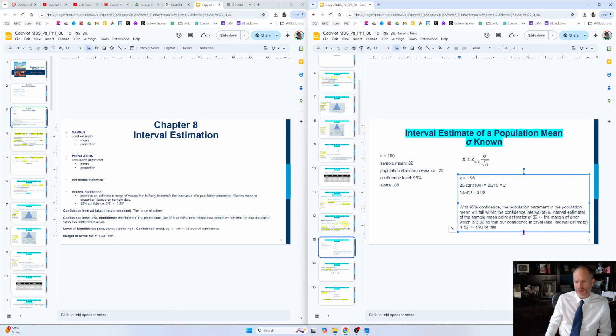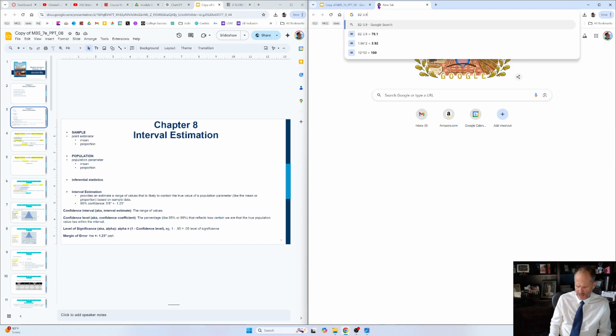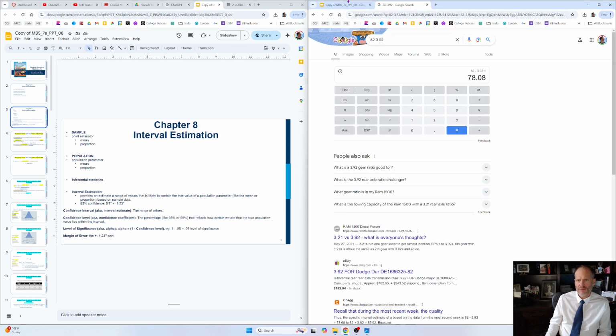So it's going to be 85.92, and we'll do little arrows here, and it'll be between that and 82 minus 3.92, and that's 78.08.